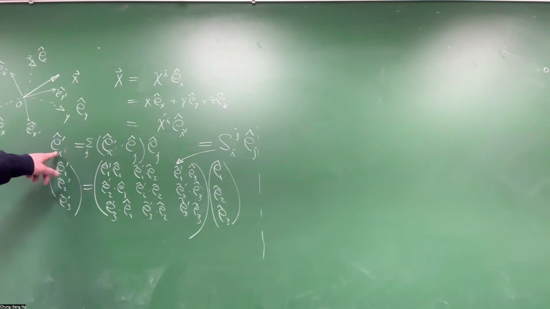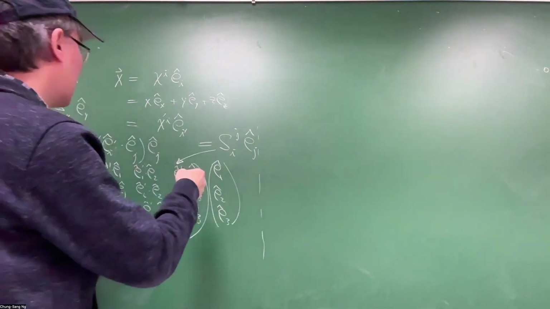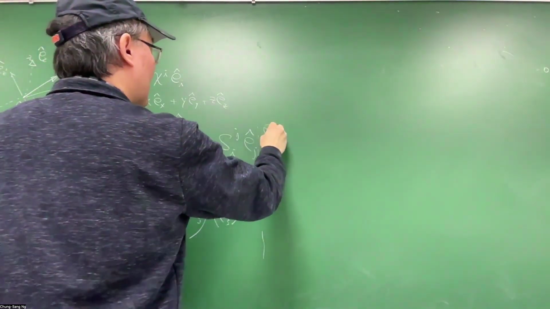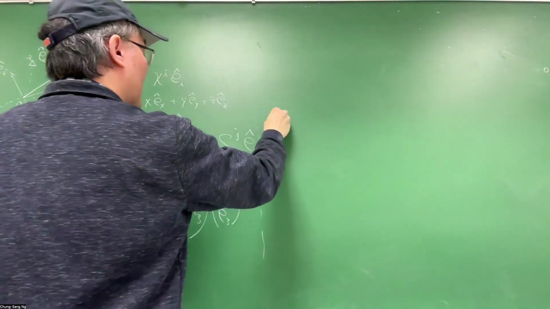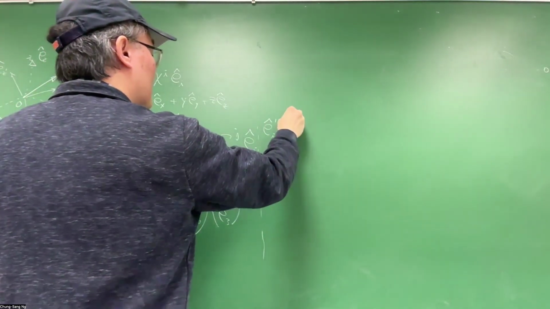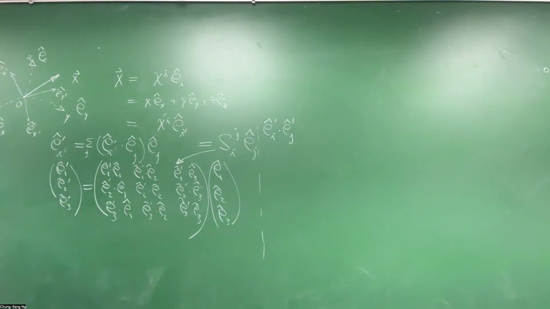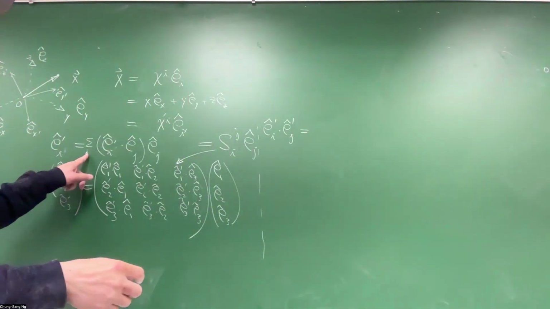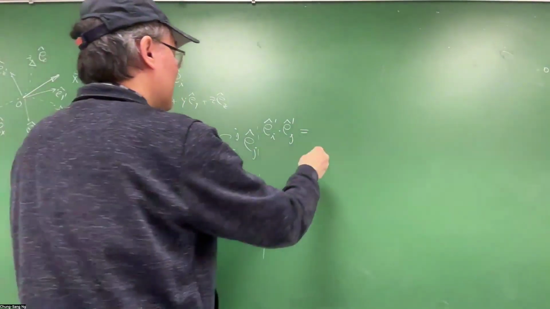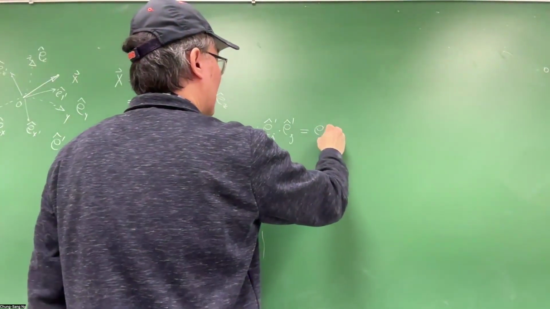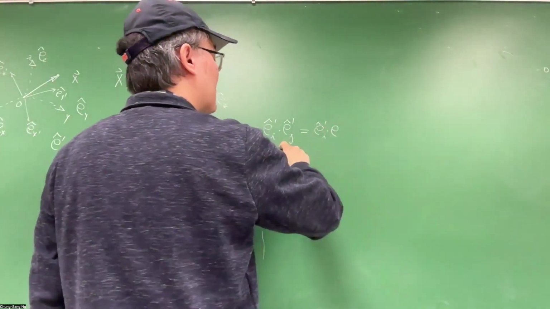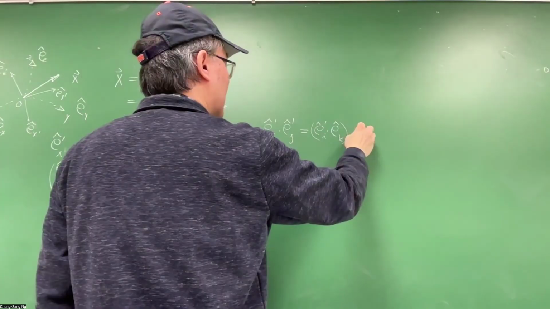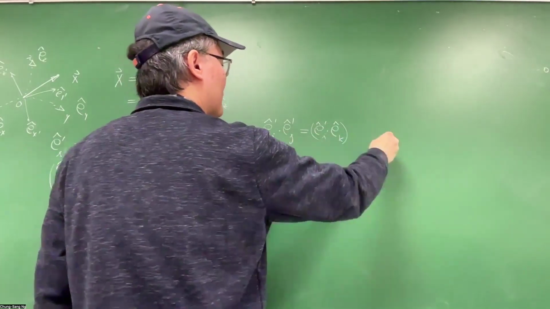So you can say this is this one. You can do a dot product, the EI prime dot EJ prime. Right. And they use the same definition of the same transformation of the old unit vector. So for the first one, it is EI prime dot, already used J, then we use K, EK.